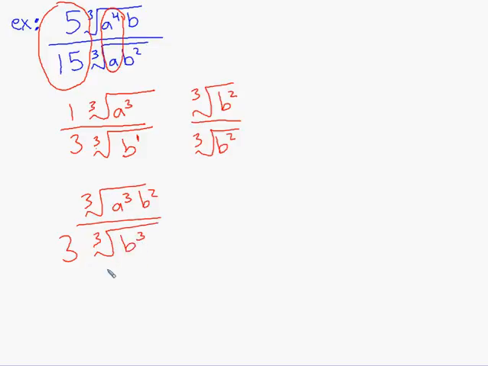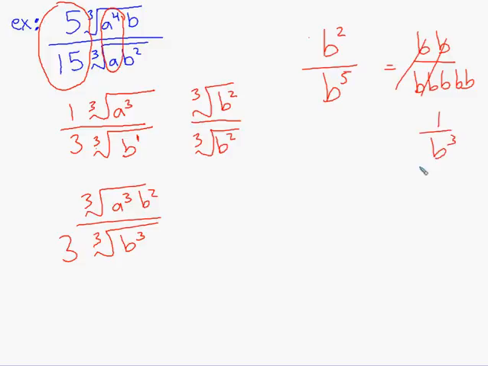Wouldn't the b be negative because it's 1 minus 2? Yes. And okay, so let me explain this. Let's say I have that. Here's one way to think of it. Cancel, cancel. Right?